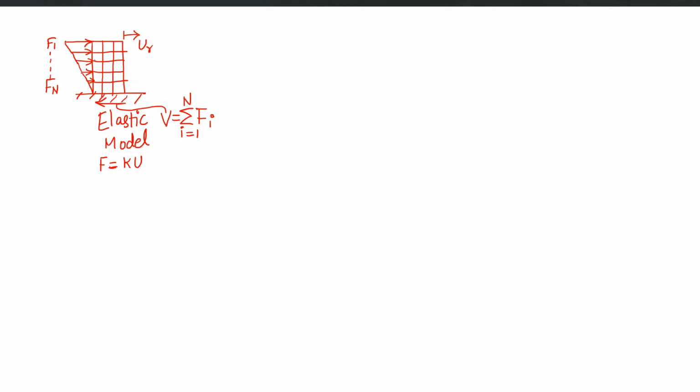Every time I apply an increment to this load pattern, I get the resulting UR. I increase the forces more and I get a higher UR. If the model is elastic, the relationship between the sum of all the forces on the y-axis, V, and UR will obviously be linear forever.